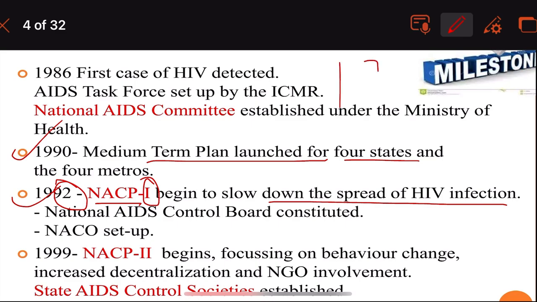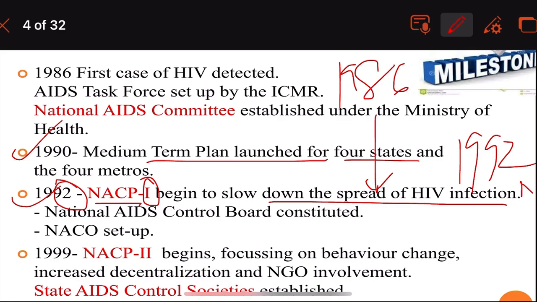So in 1986, the first case was contracted, and later, by 1992, they slowed down the spread of infection. The National AIDS Control Board was constituted. Further, NACO, the National AIDS Control Organization, was set up in the year 1992.